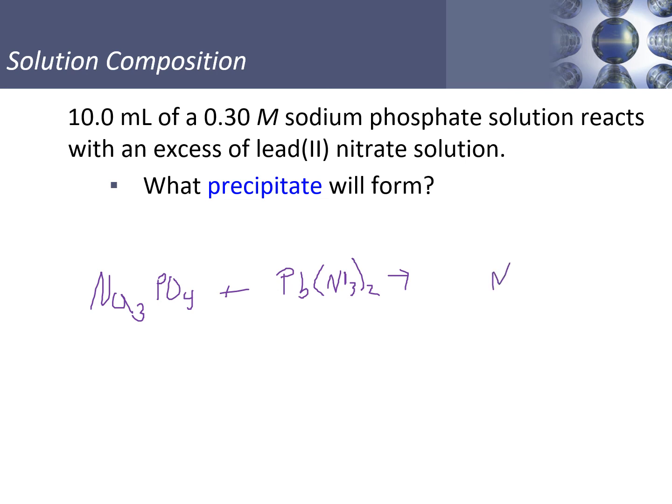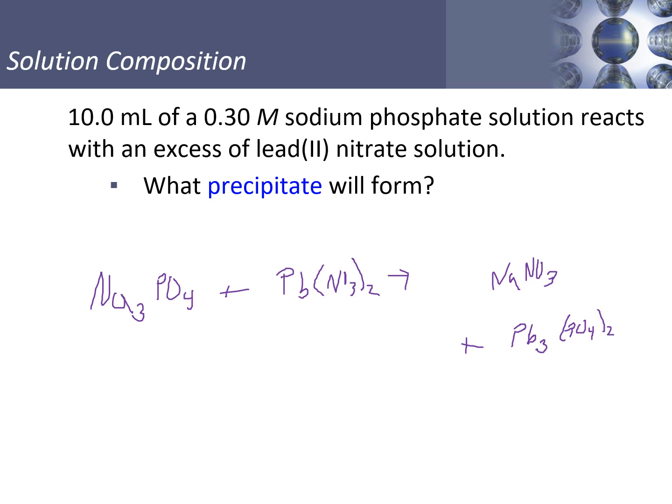So we are going to have NaNO3, sodium nitrate, sodium cation +1, nitrate -1, and lead 2 phosphate. Remember, charges will not change on a transition metal in double replacement. So swap and drop our charge, Pb3 from the phosphate, (PO4)2.